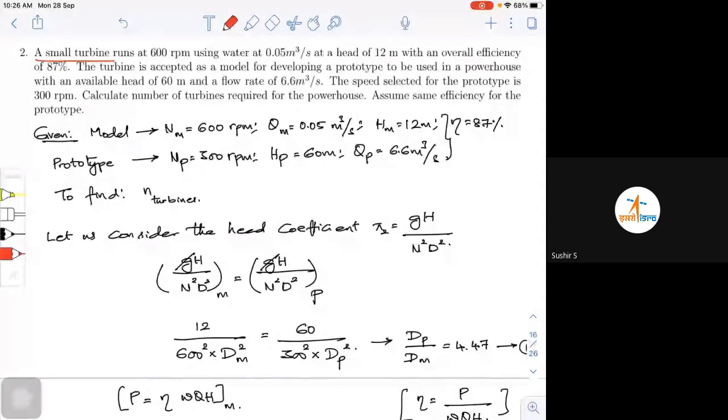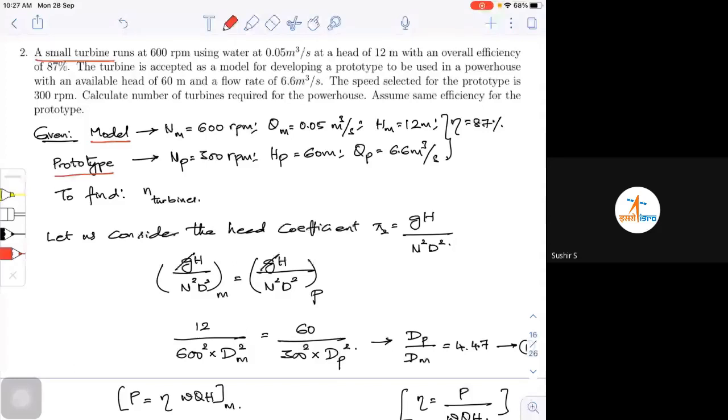Now what we usually have to do is write the data for the model and the data for the prototype. Let me use suffix m for the model and suffix p for the prototype. So N suffix m is 600 RPM, Q suffix m is 0.05 meter cube per second, H suffix m is 12 meters, and efficiency is the same for both.